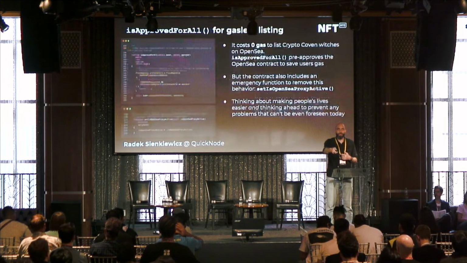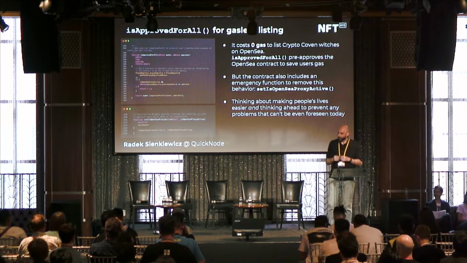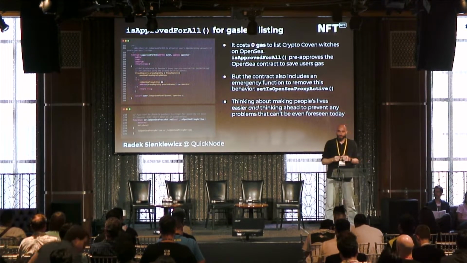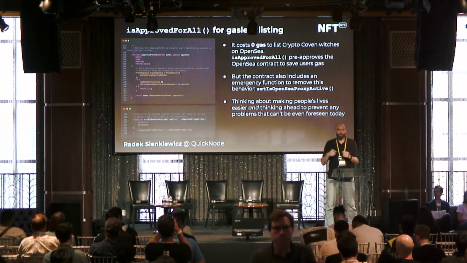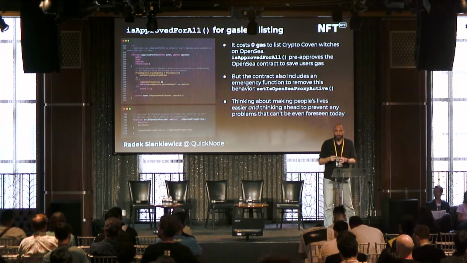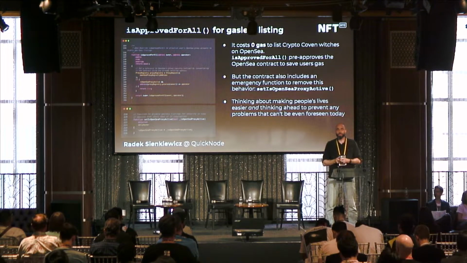So thinking ahead of time, and this is also thinking ahead of time, and then thinking about the end users. It allowed for free gasless listings for the end user. So you don't need to approve the contract to list your witch. The contract does it for you.